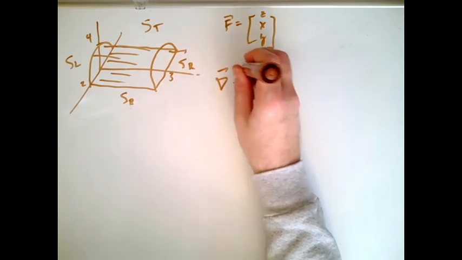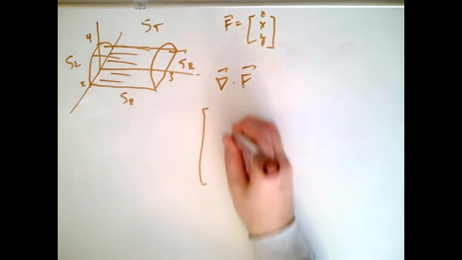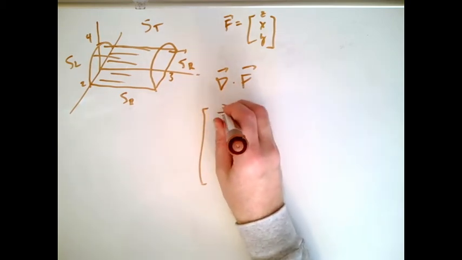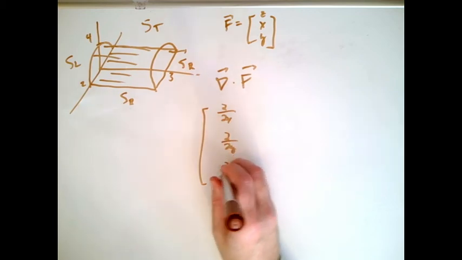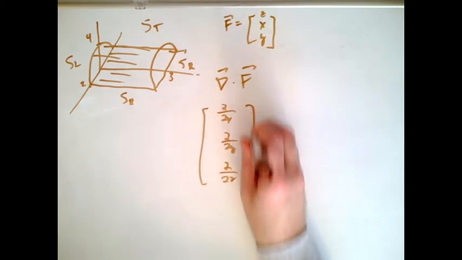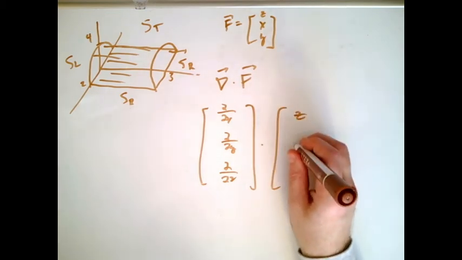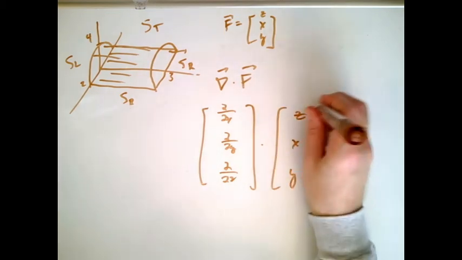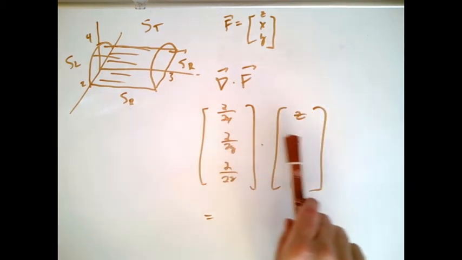We want to take the del operator and dot it with F. Remember that the del operator has the partial with respect to x, the partial with respect to y, the partial with respect to z, and I'm supposed to dot that with F, which is just z, and then x, and then y.